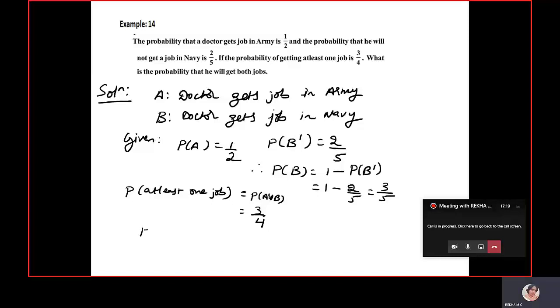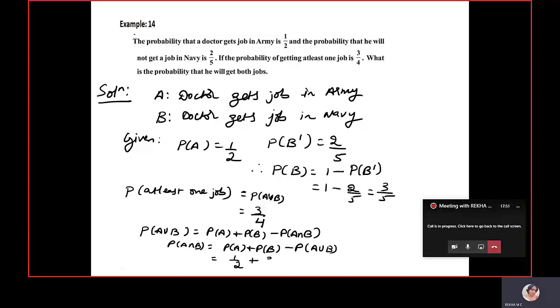Now P of A union B is equal to P of A plus P of B minus P of A intersection B. So P of A intersection B is equal to P of A plus P of B minus P of A union B. So you know all the values, 1 by 2 plus 3 by 5 minus 3 by 4.